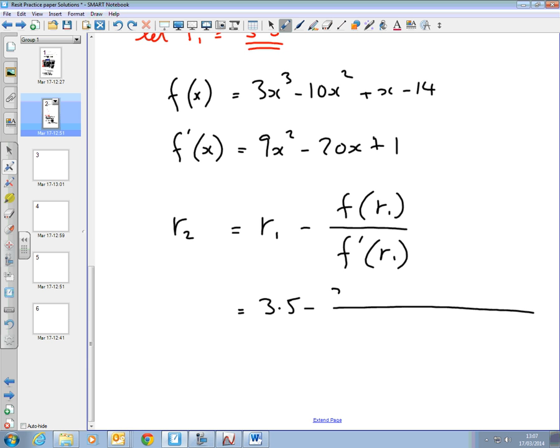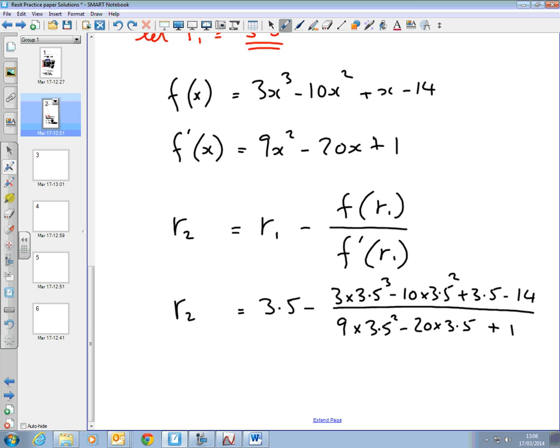So 3 times 3.5 cubed minus 10 times 3.5 squared plus 3.5 minus 14, over 9 times 3.5 squared minus 20 times 3.5 plus 1. Work out what that is, and that will give you R2. And then I repeat the process.